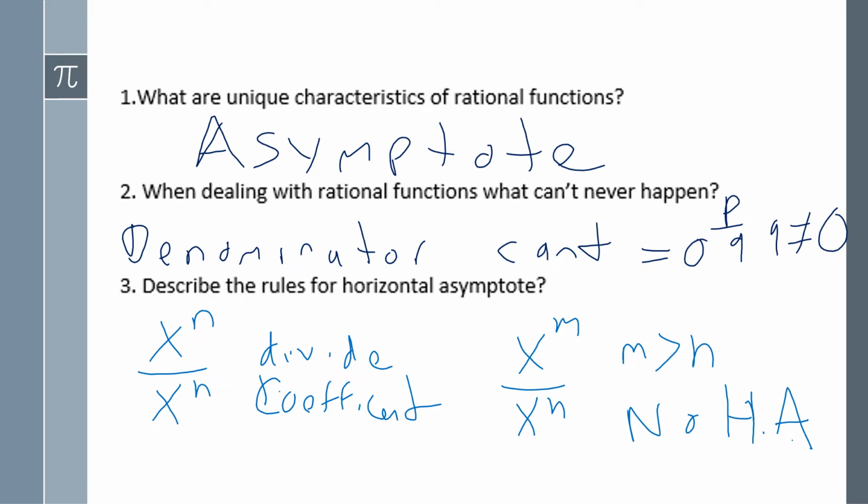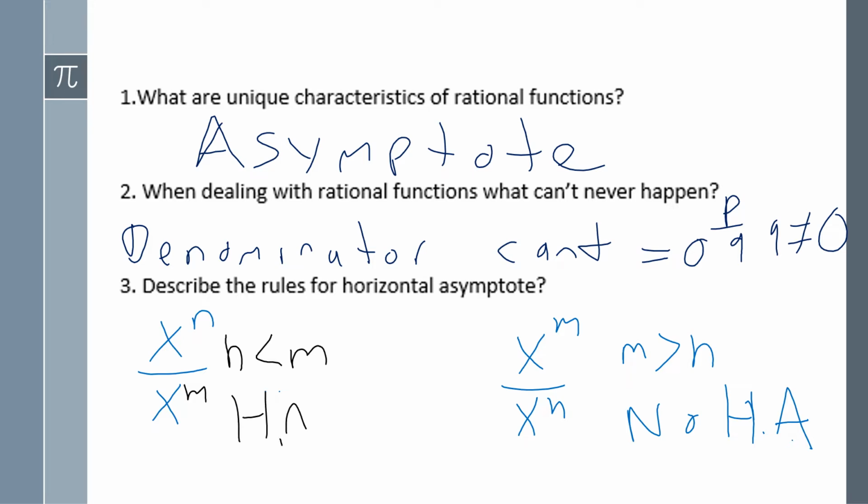It doesn't exist. But in this case, n less than m, being that m is bigger, your HA, or horizontal asymptote, is 0.